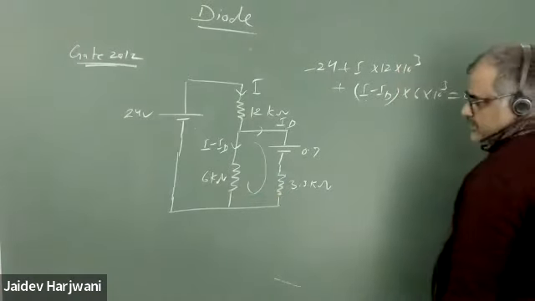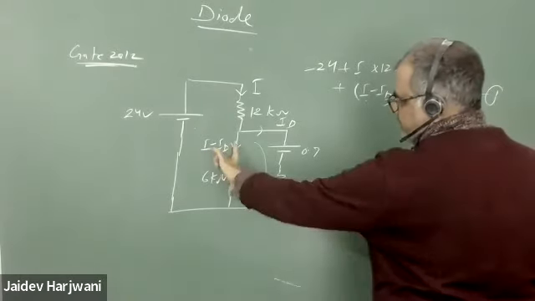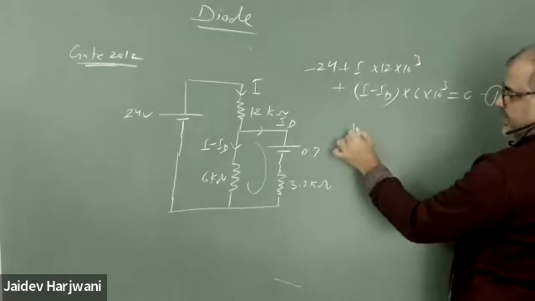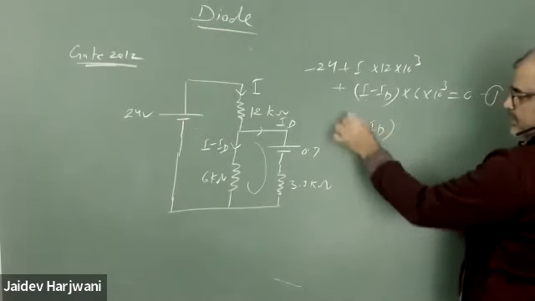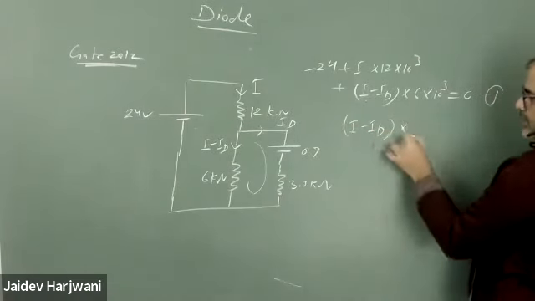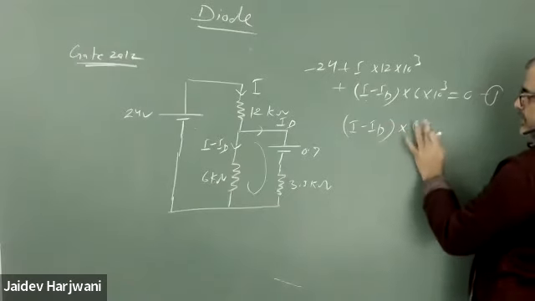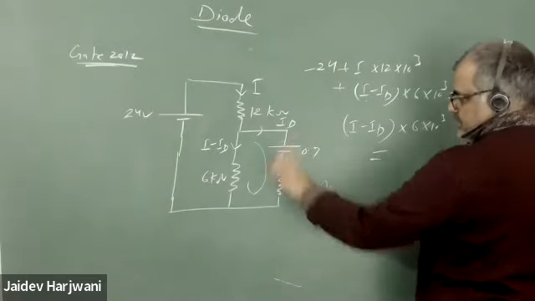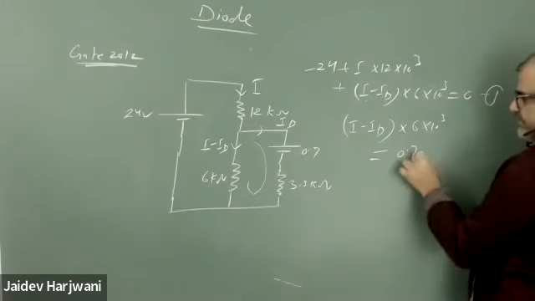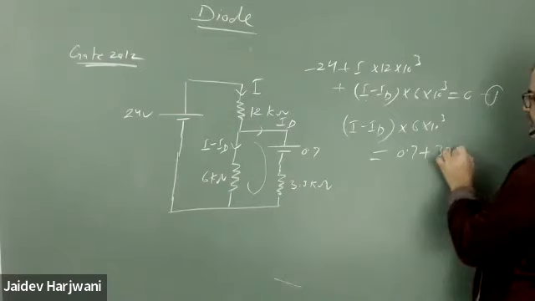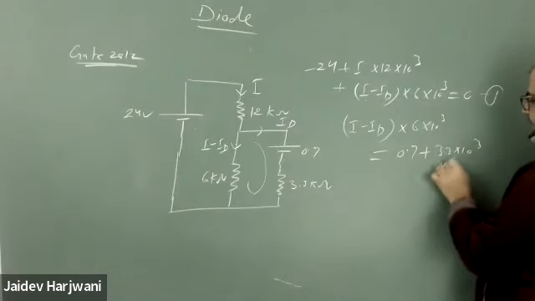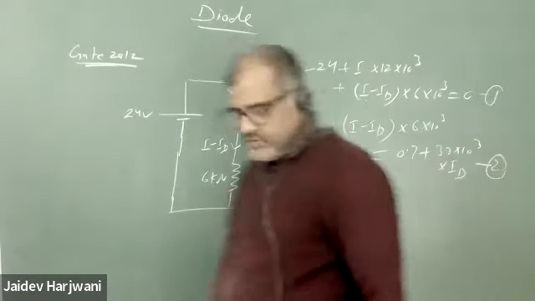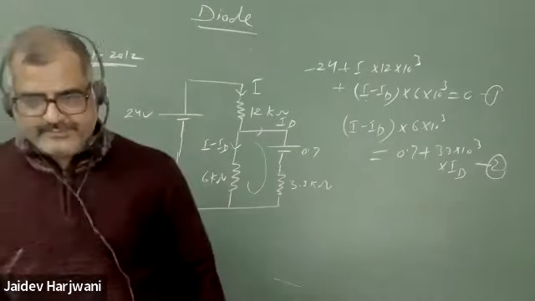This voltage is equal to this voltage, so I can write (I minus ID) into 6 kilo ohm equals this voltage, 0.7 plus 3.3 kilo ohm into ID. Solve these two equations and tell me what the answer is coming.